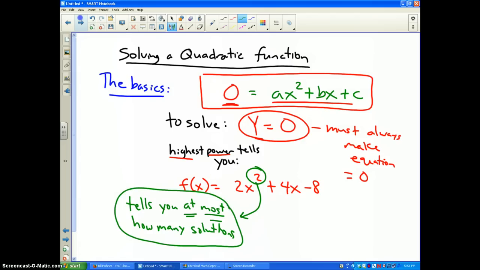Very, very important. Make sure that you understand that. So, anytime we solve a quadratic function, the power is equal to 2. Therefore, you're going to have at most 2 solutions to your problem. So make sure that you copy that down.